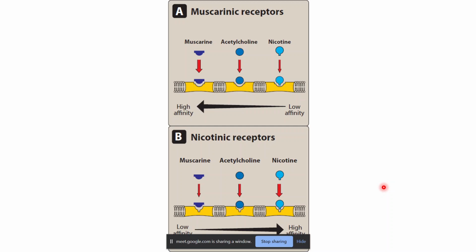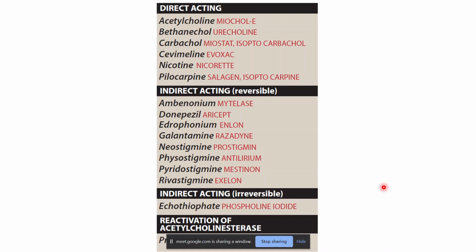The drugs acting on these receptors are divided into direct acting and indirect acting. Direct acting drugs include acetylcholine and pilocarpine, and also nicotine, which is not a drug itself, but can be found in tobacco smoke.